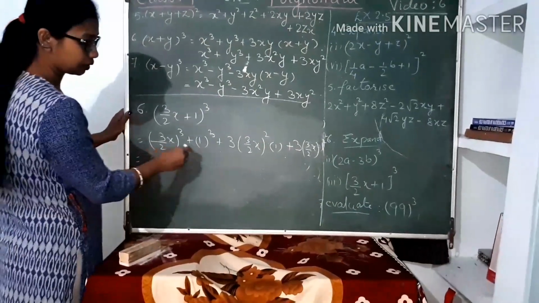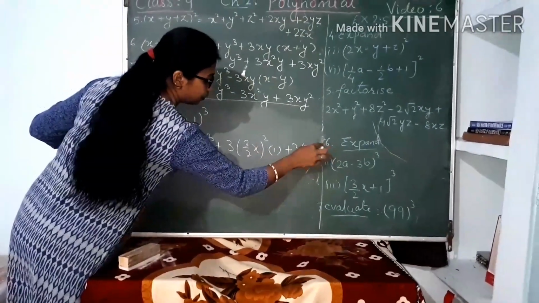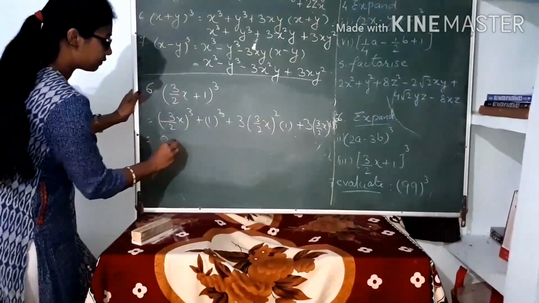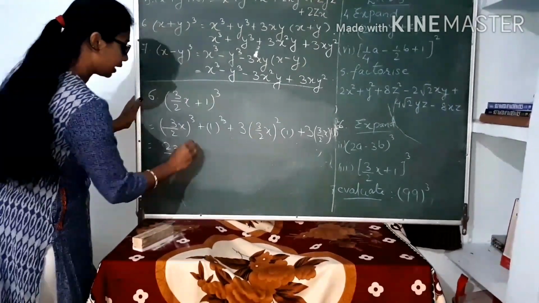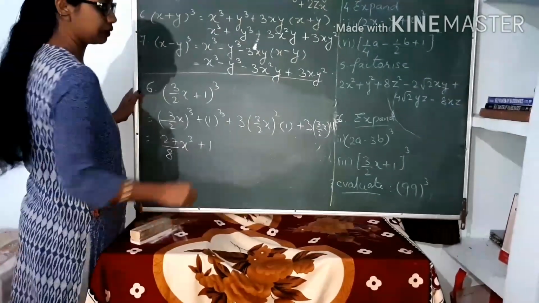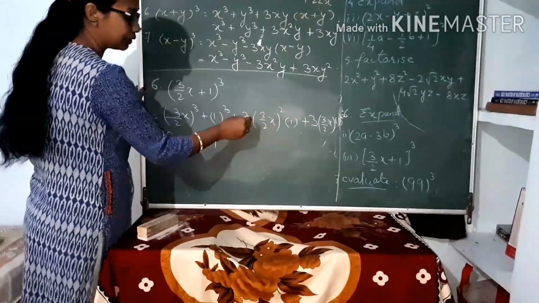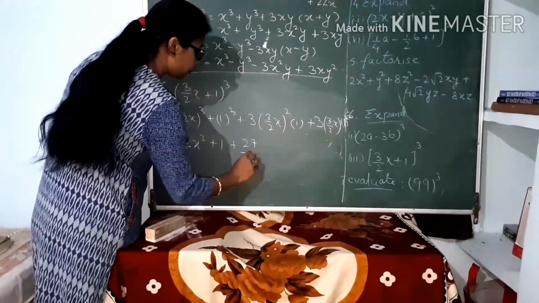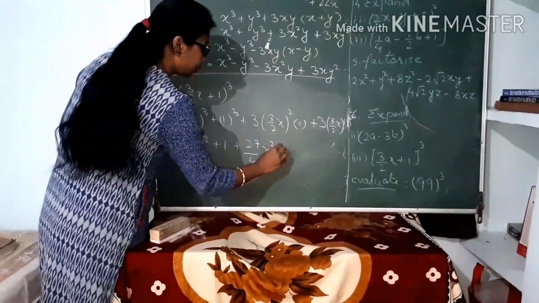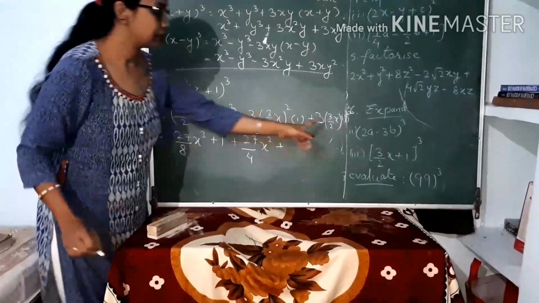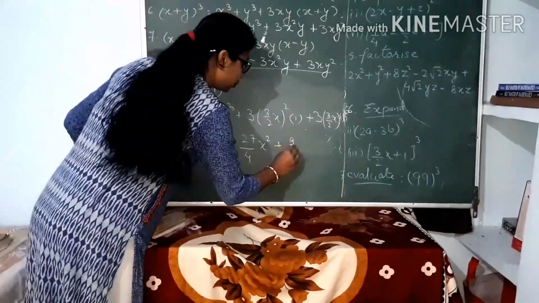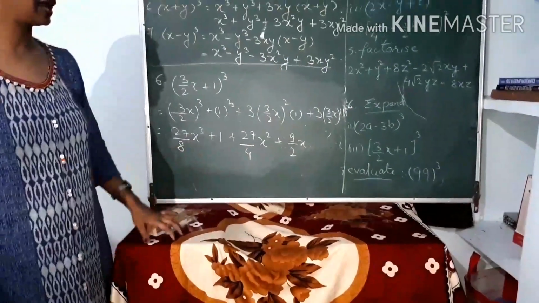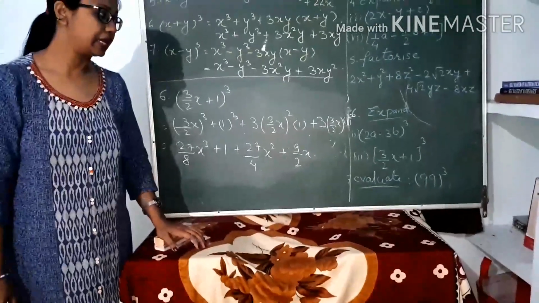It is 1, I have written here. So 3 cube gives you 27 by 8 x cube plus 1. 9 into 3 is 27 by 4 x square, plus this is 9 by 2 x into 1 square is 1. So this will be your answer for the third part.